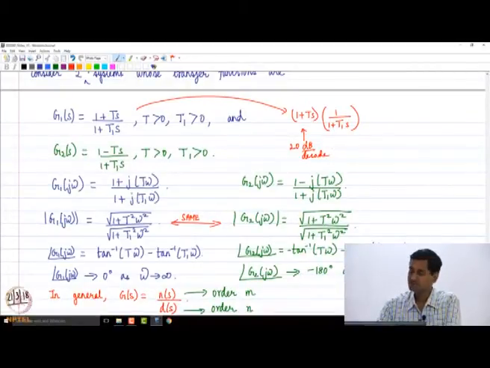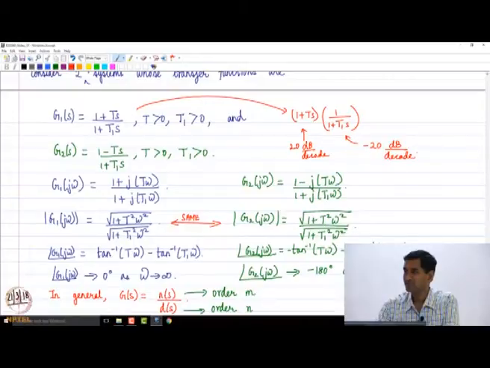And the high frequency asymptote slope is going to be minus 20 decibels per decade for 1 divided by 1 plus T1s, right. So, as we go to higher frequencies, what is going to be the net slope? It is going to be the sum. So, it is essentially 0.